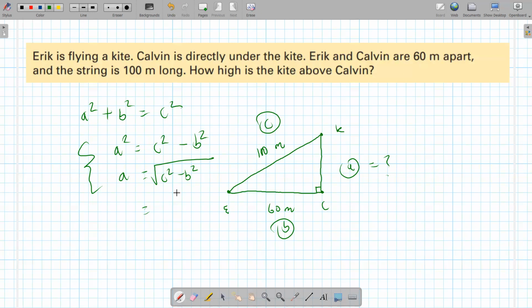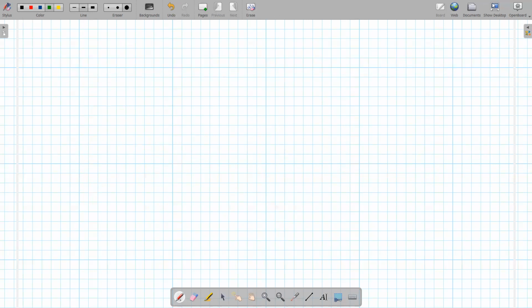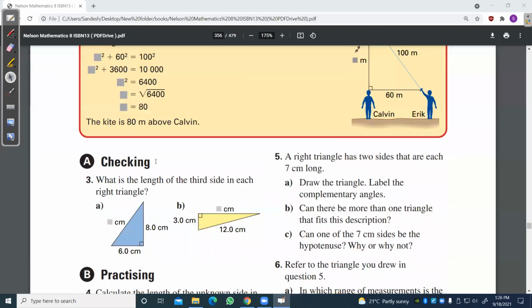It's 80. Yeah, good. There we go. This height, the kite is 80 meters above Calvin. That's right.